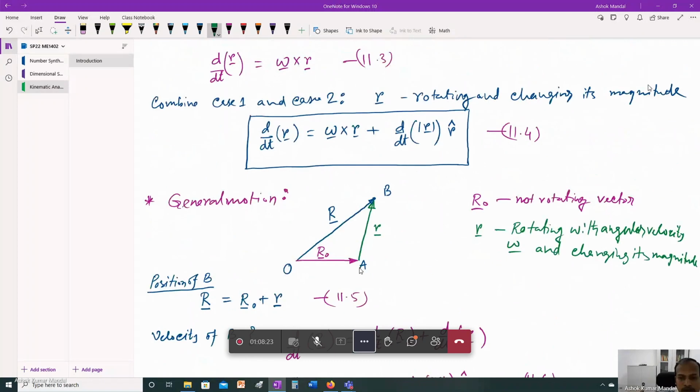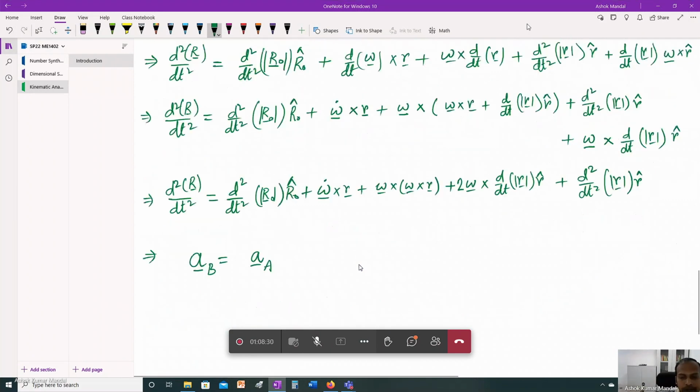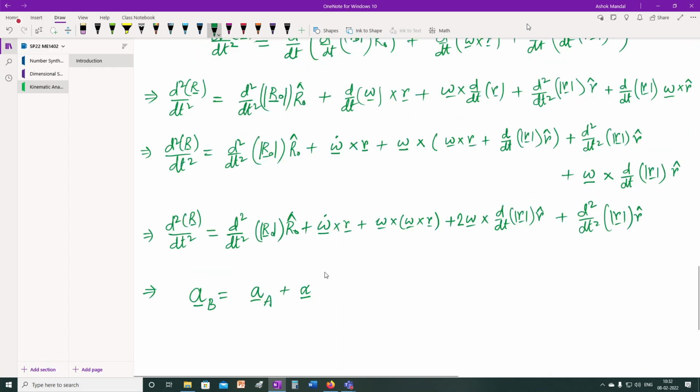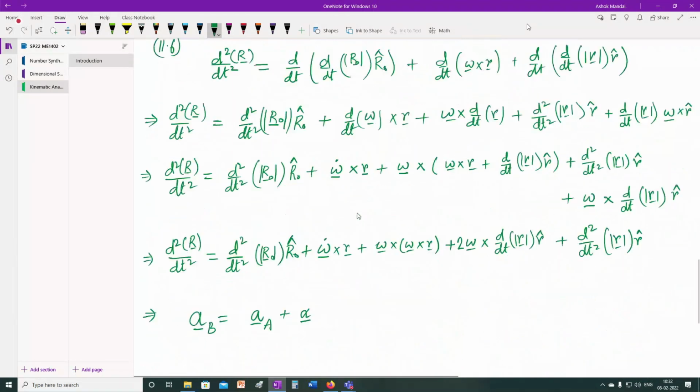Double derivative of this gives you the acceleration of point A. And then we have omega dot, we are writing it alpha. Alpha is the angular acceleration of this r vector.